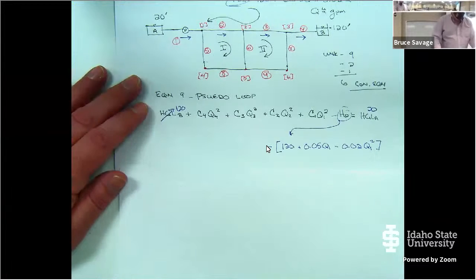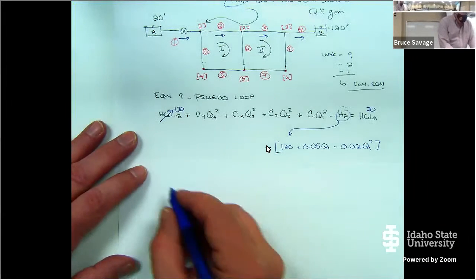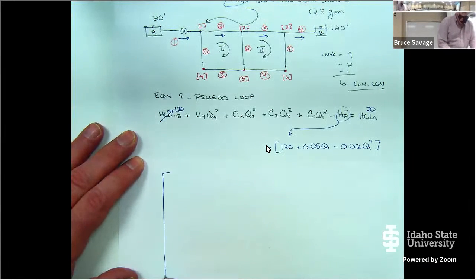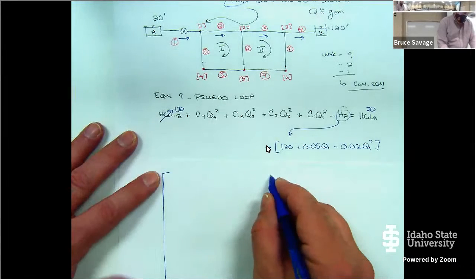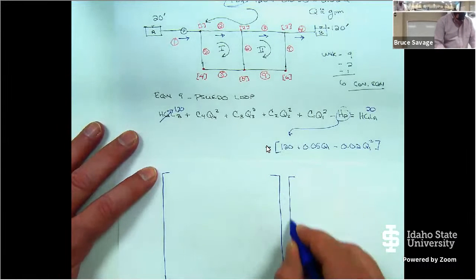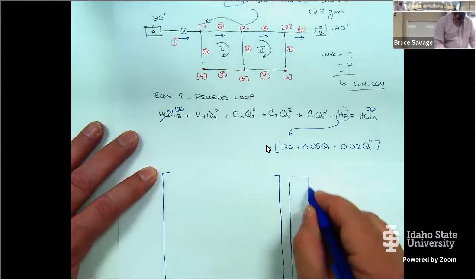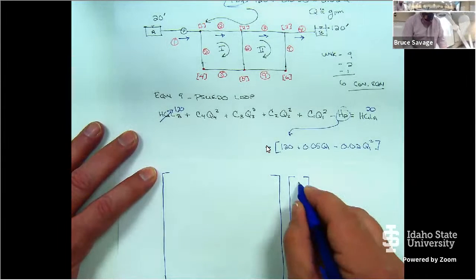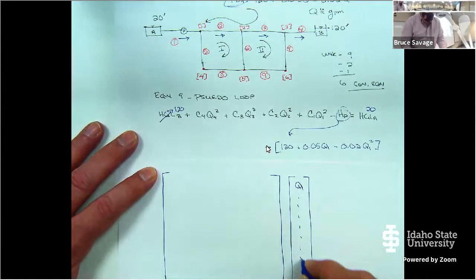So now when I go to build this, I'm going to have a 9 by 9 matrix with my flows Q1 all the way on down to Q sub 9.